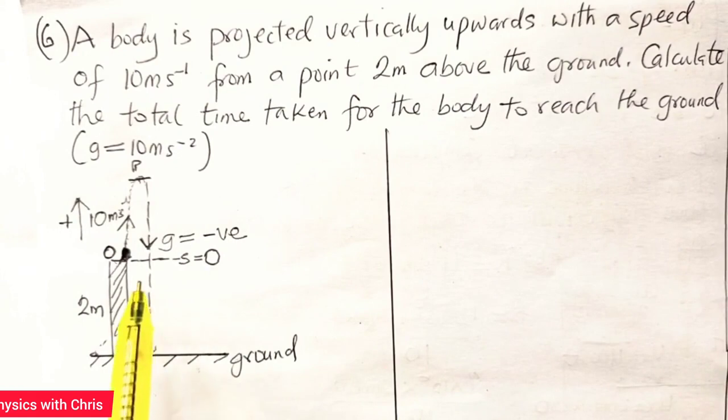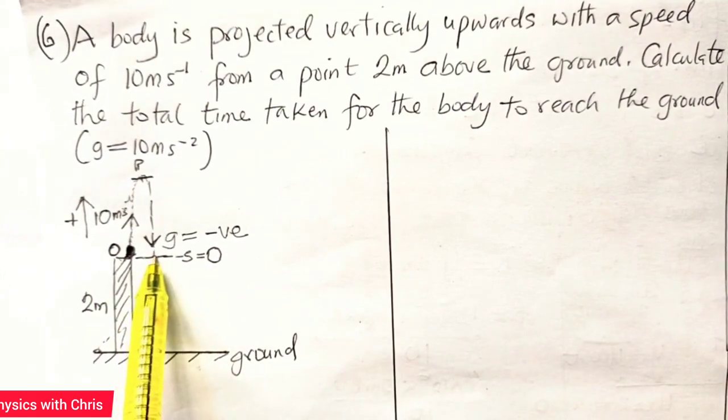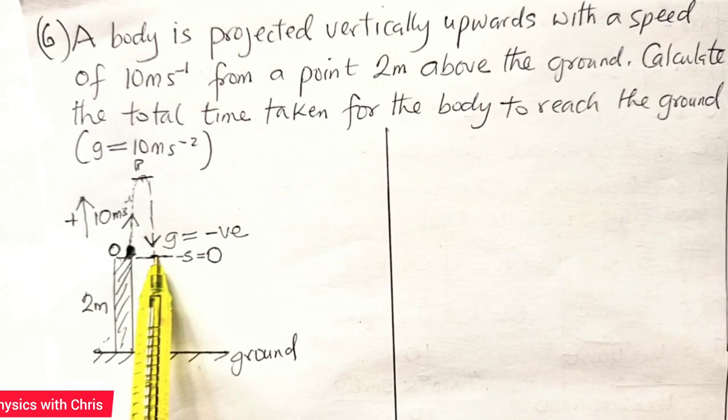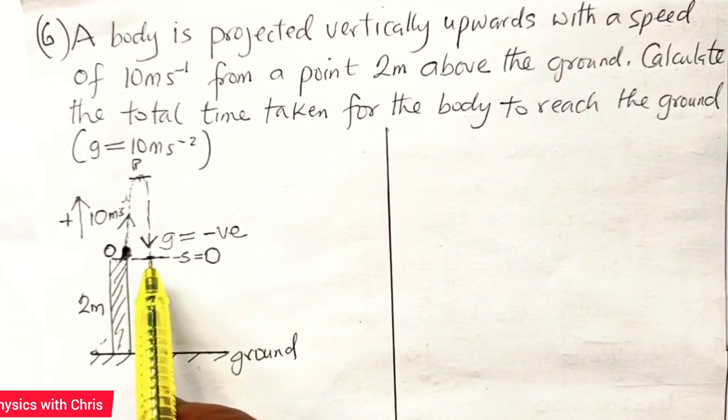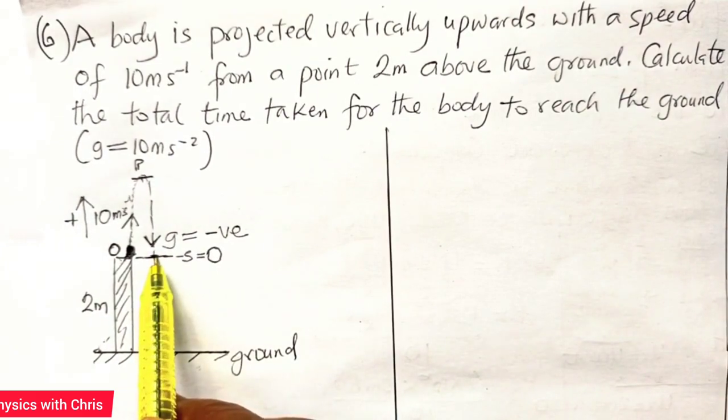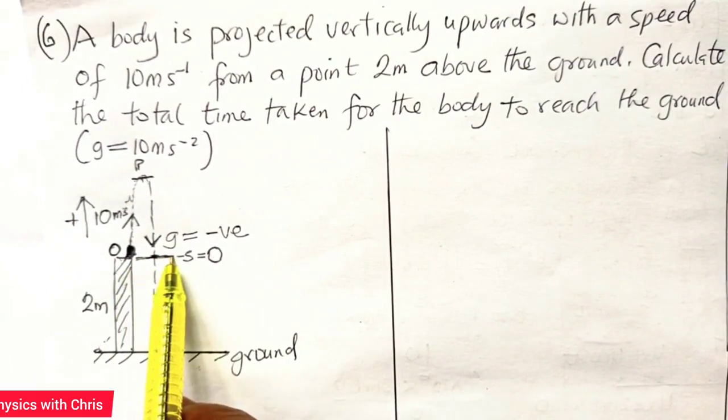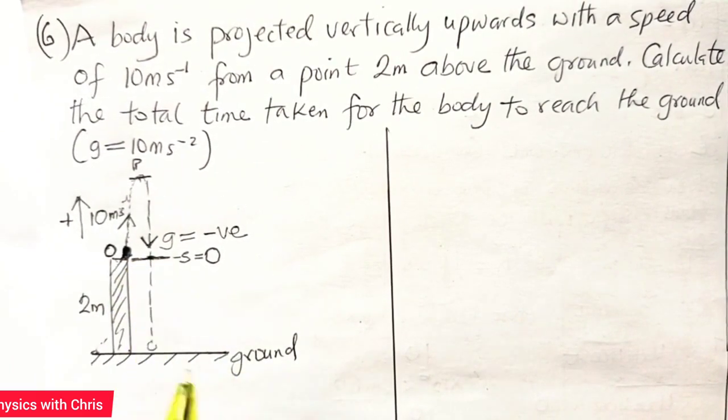Now, when this body gets to this point O, which is on the same plane as the plane of projection, the total displacement is 0. And then, of course, it's not going to remain here. The body actually falls below this level, that is below the plane of projection.